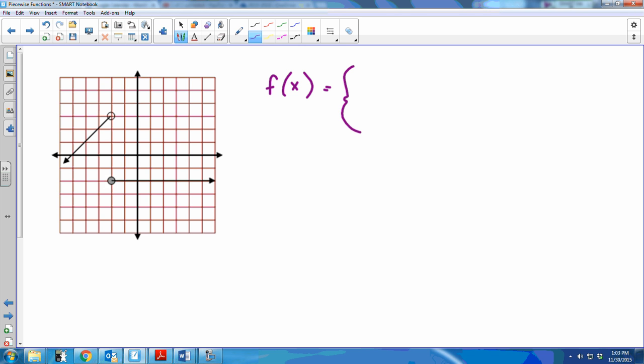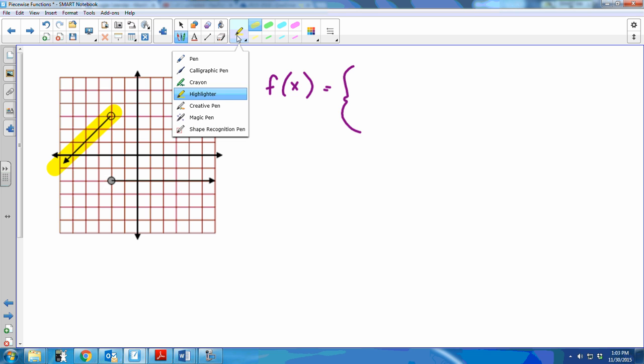All right. Let's look at this piece first. Generally, you go from the smallest x to the largest. So we're going to start farthest left on the graph and then go to the largest. Doesn't really matter, but that's how it's normally done.